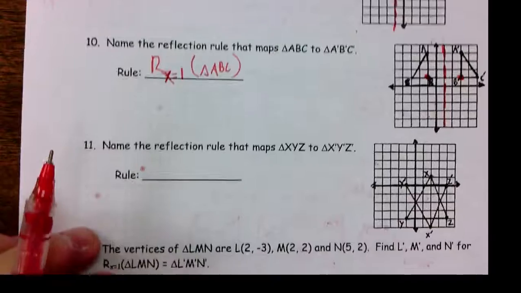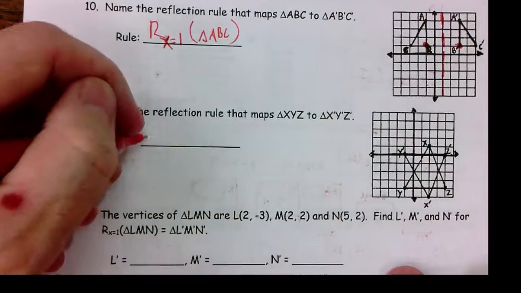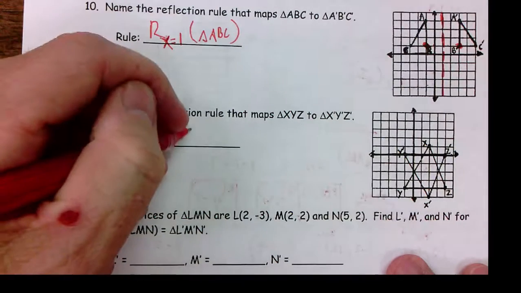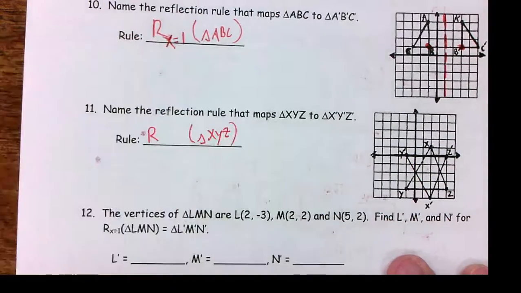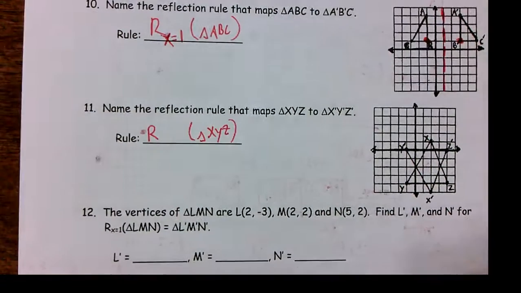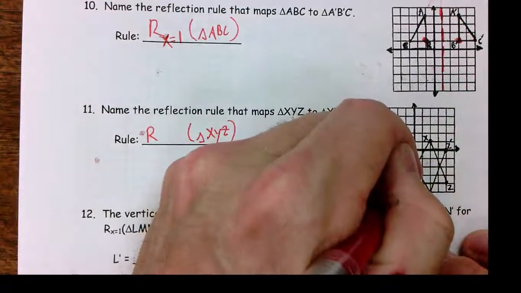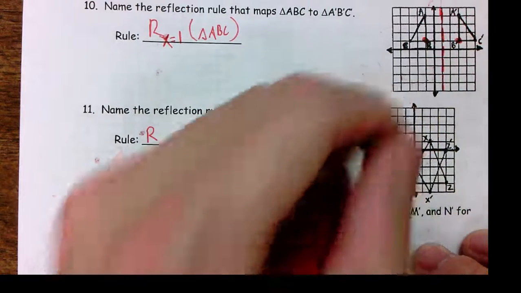Number 11 is also name the reflection rule. So again, because it's a reflection, I'm going to have a capital R. And the thing I'm reflecting is triangle XYZ. And I just need to find the line of reflection. So I'm going to find 2 points that correspond, like y and y prime.